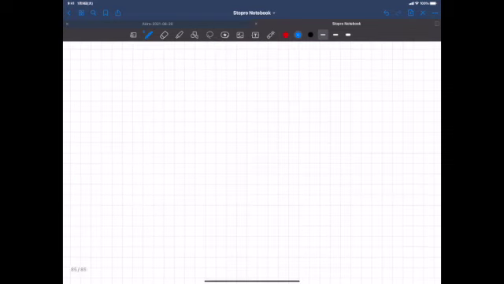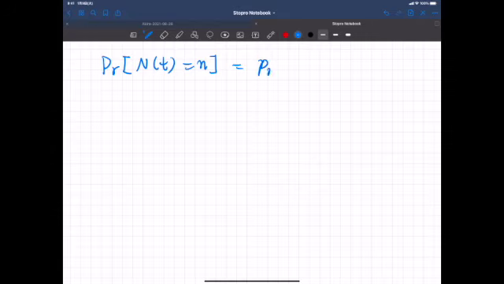And so we want to calculate this probability: the number of cells at time t is equal to n. Let's denote this probability by P n of t. We want to find out this probability. The initial condition is P n0 of 0 equals 1.